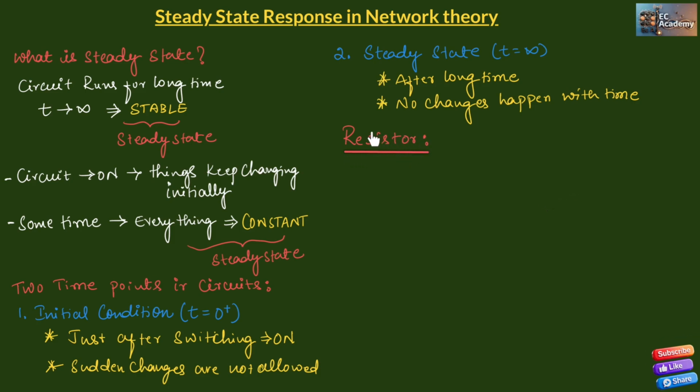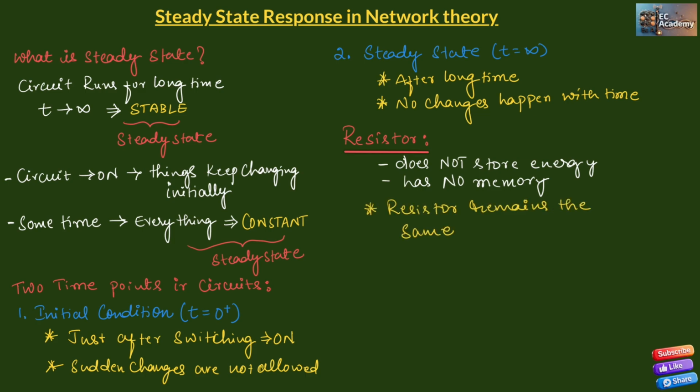Here, resistor is the simplest element, and you need to remember the resistor does not store energy and it has no memory. Hence, in the steady state as well as in the initial condition, the resistor remains the same. So, there will be no effect on resistor for both initial condition and steady state.